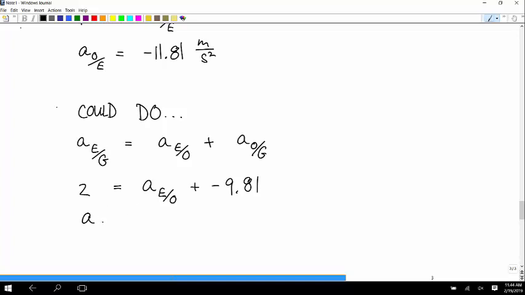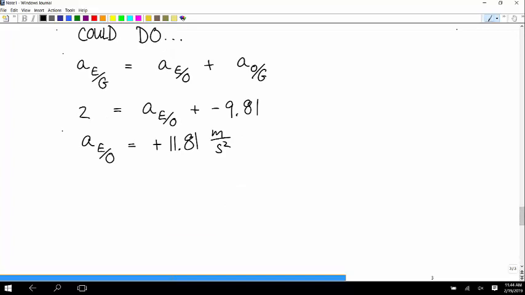So the acceleration of the elevator relative to the object is positive 11.81 meters per second squared. So in other words, if there's a camera fixed on the object, it looks like the walls of the elevator are accelerating upwards at 11.81 meters per second squared.